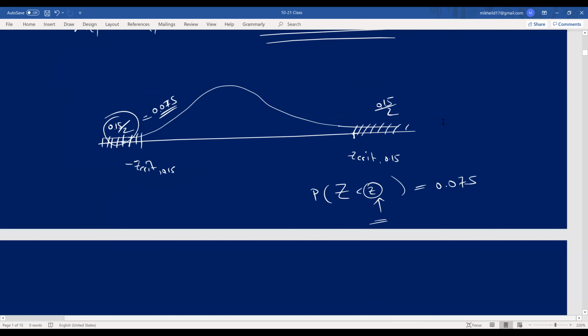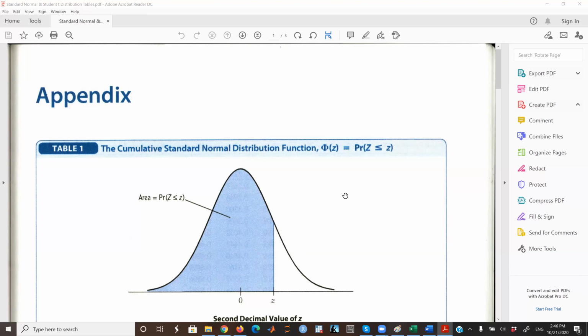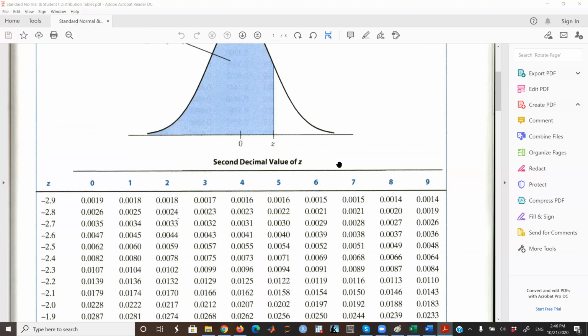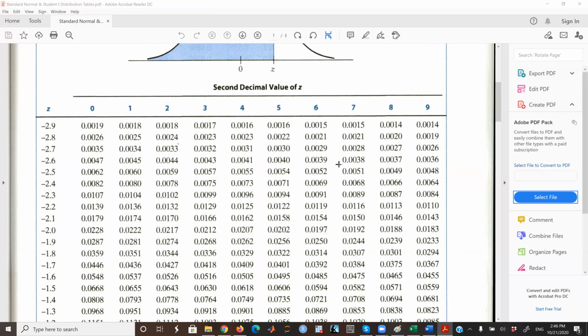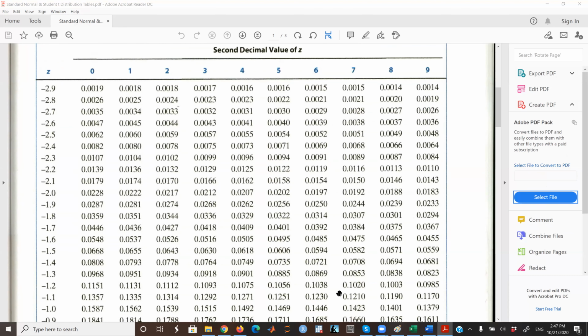Okay. And we can go to the table. Do you see my screen? The table. Yes. And we are looking for the probability which is closest to 0.075. 0.0749, right? That's 1.4. I think that's the closest from this table.